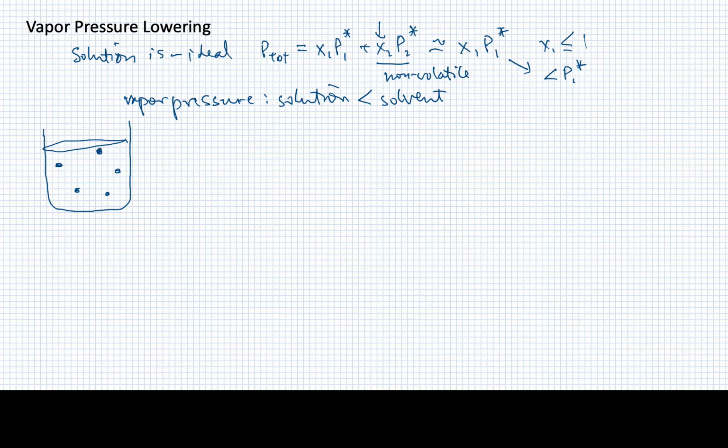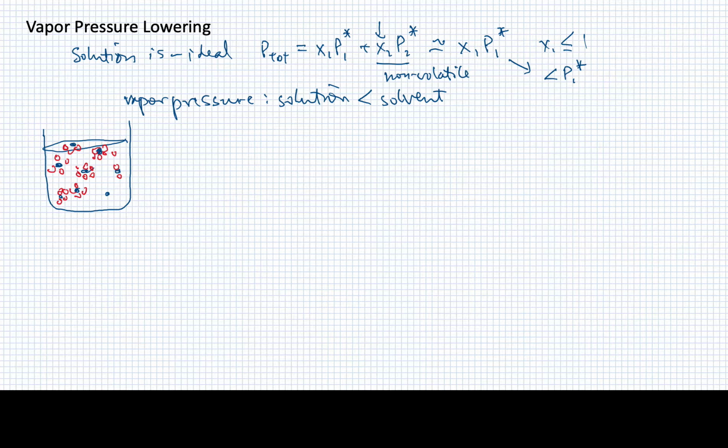There's a few of them, occasionally one's on the surface, but they're distributed throughout the solution like this. And now I want to surround these dilute solute particles with solvent particles, which are going to be these open red circles.